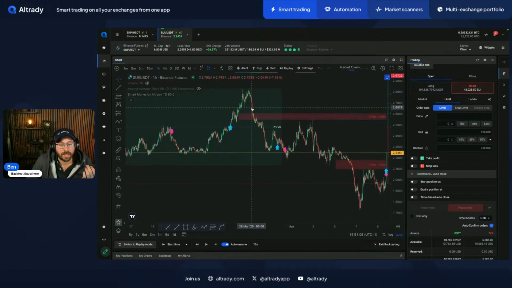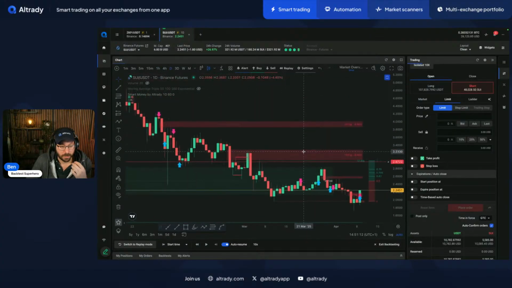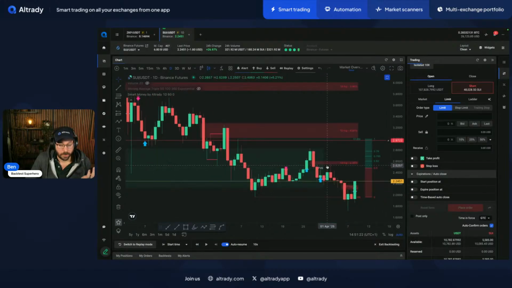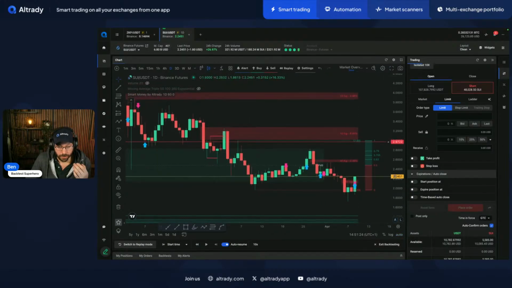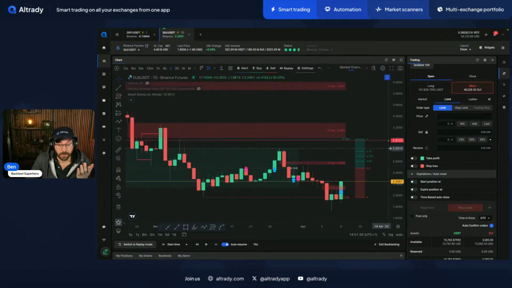Yeah, okay, we had an entry, so we could have taken it, but it's not anywhere near the point of interest, right? It already blasted through the point of interest, and it only showed that shift when the fair value gap was already gone. So in that case, the strategy does not work well on this time frame, on this market, and that's what we're trying to find out. That's what we're backtesting.